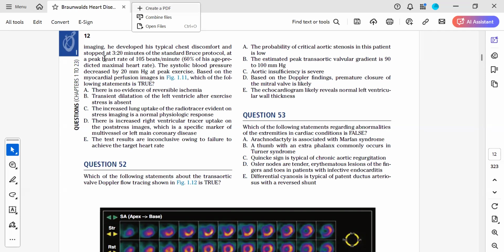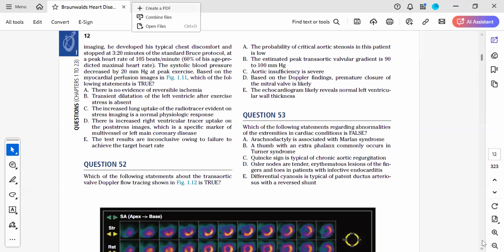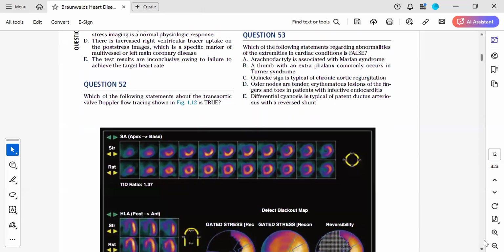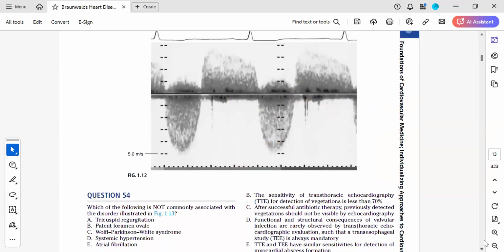I just wanted to add, when you look at the continuous wave jet, aside from the velocity being high, other things that would make you suspect a severe aortic stenosis is that the jet is not peaked, it's rounded. That tends to happen because in aortic stenosis you have the slow rising pulse, so the peak is not a sharp peak.